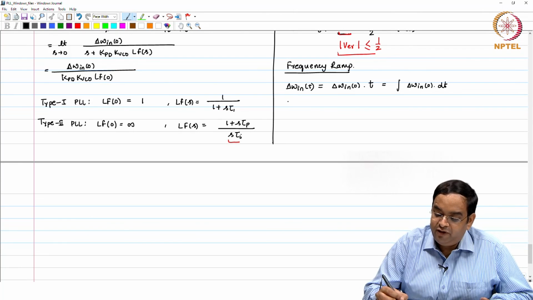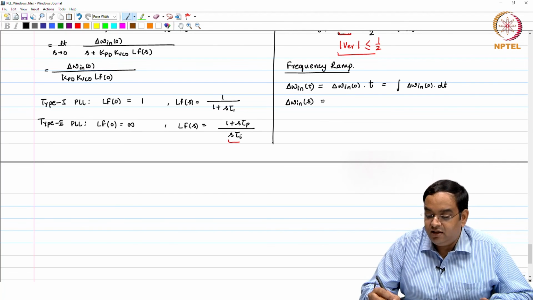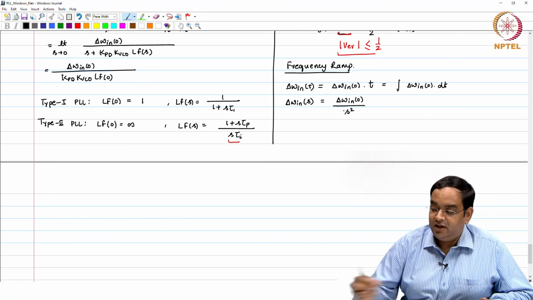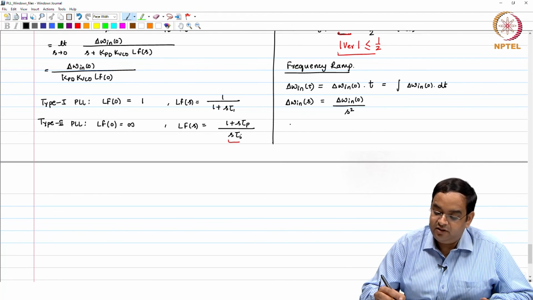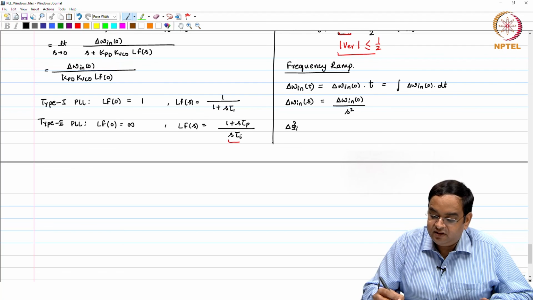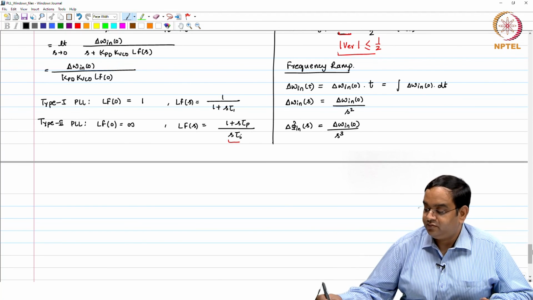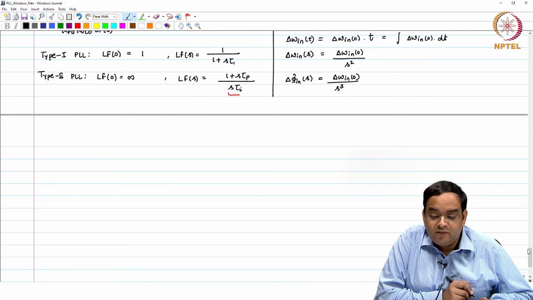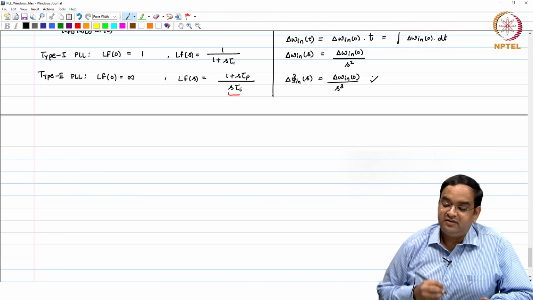For a frequency ramp, the transfer function in the Laplace domain for the change in the frequency is going to be delta omega in 0 divided by s square, and for the corresponding change in the phase it is going to be delta omega in 0 divided by s cube. Now, for the desired frequency ramp, the change in phase is given by this.